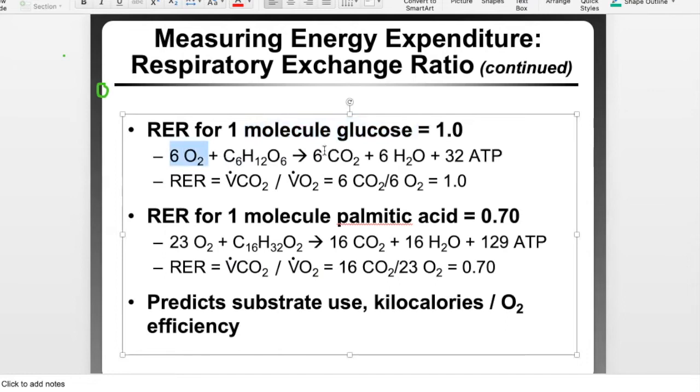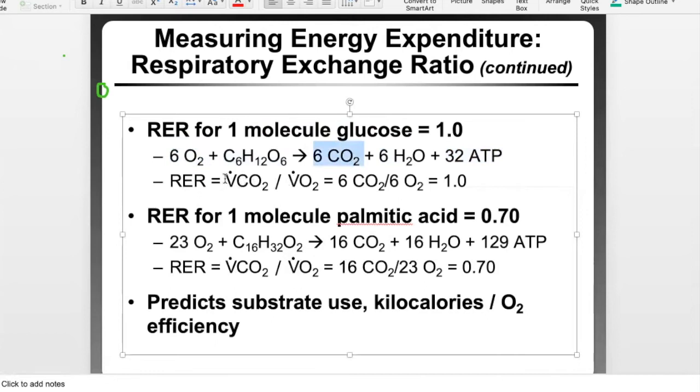And what results is the 32 ATPs that are so beneficial. And that's the whole reason we go through the Krebs cycle and use oxygen. And what's produced is 6 molecules of carbon dioxide and 6 molecules of water. So you'll see, in order to break down glucose, you need 6 oxygens, and it results in 6 carbon dioxides.